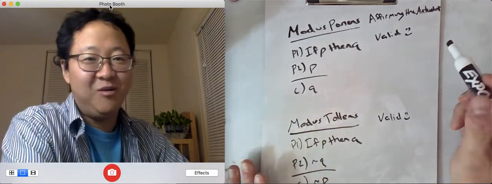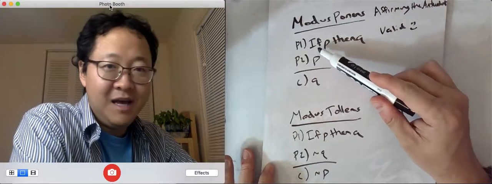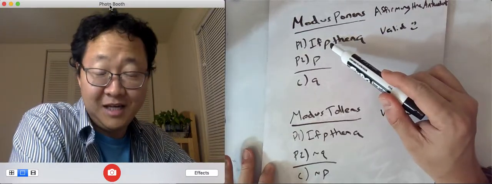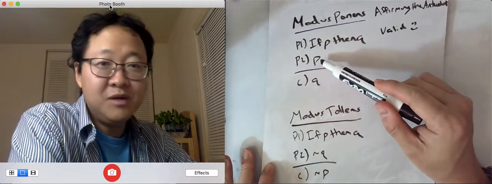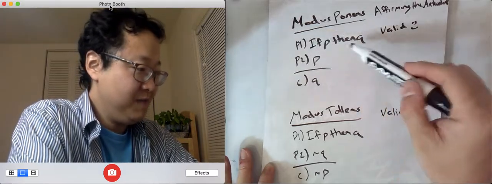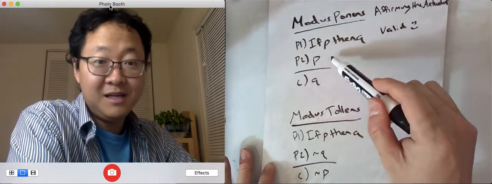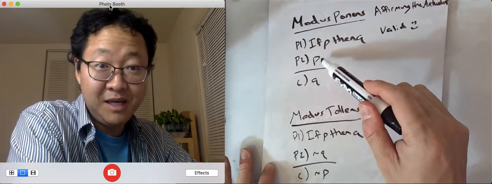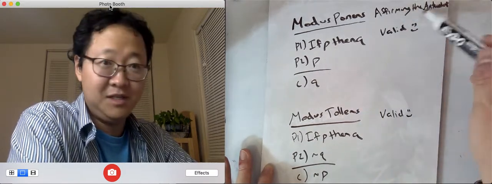Why? Because in this conditional, P is the antecedent, and that's what you're doing in premise 2. You're saying if P then Q, P is true, therefore Q. By asserting P here, you're affirming the antecedent.